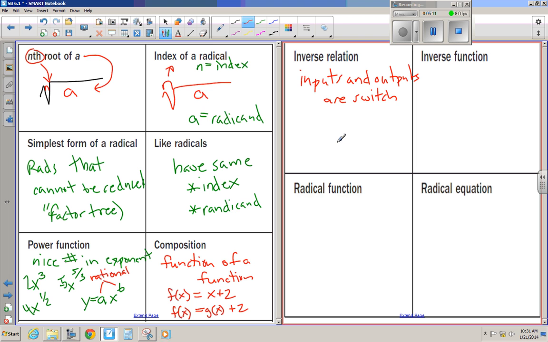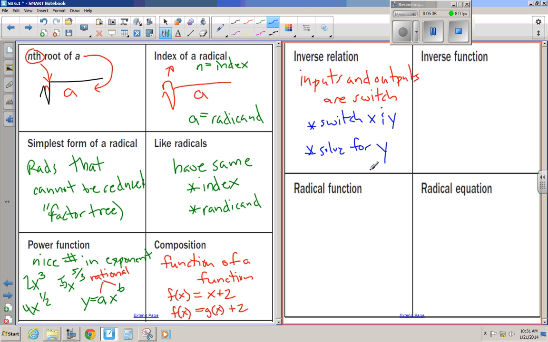To find an inverse relation, it's a multi-step process. You first switch x and y, meaning change the x into a y and the y into an x, and then solve for y.